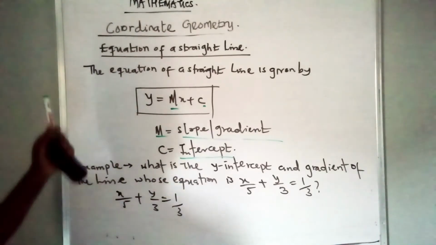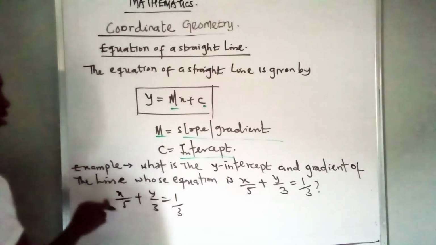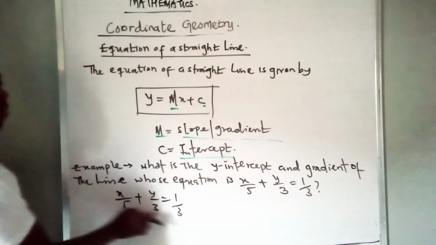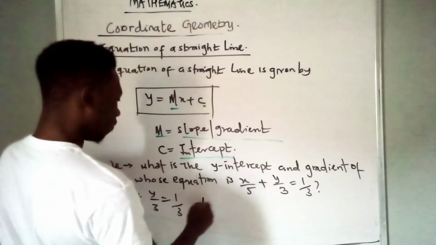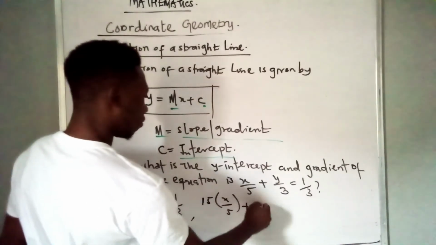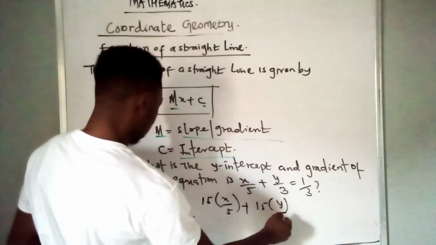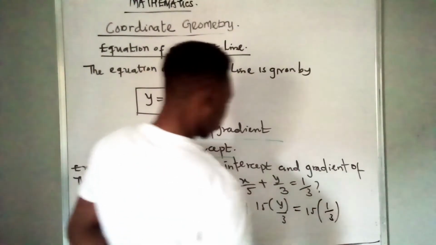So they ask us to find the intercept and gradient. First and foremost, let us clear the fractions. What is the LCM here? LCM of 5, 3 and 3 is 15. So multiply through by the LCM, which is 15. That's 15(x over 5) plus 15(y over 3) is equal to 15(1 over 3).